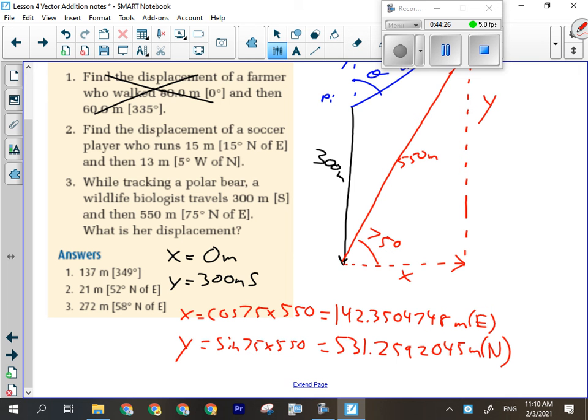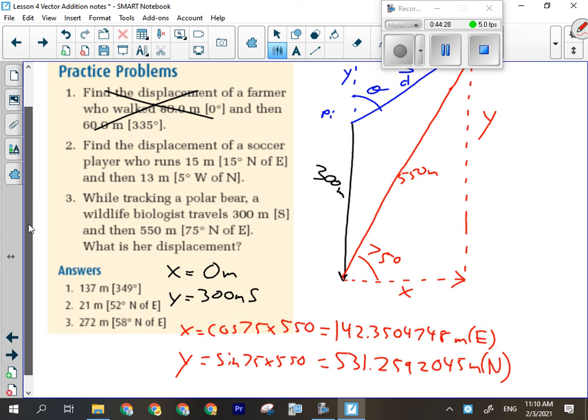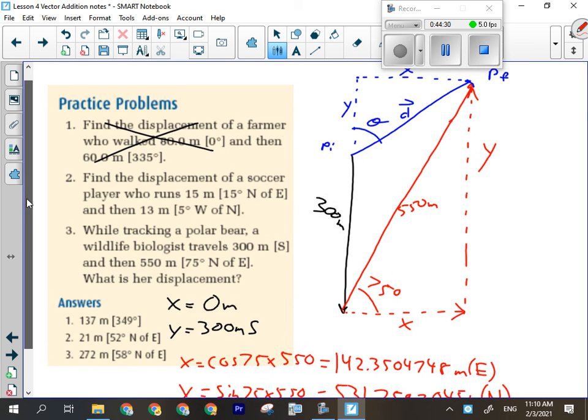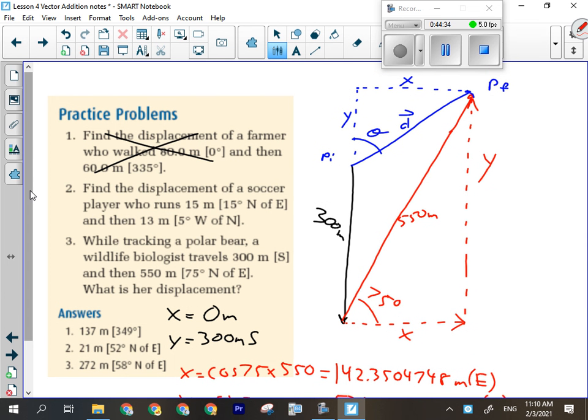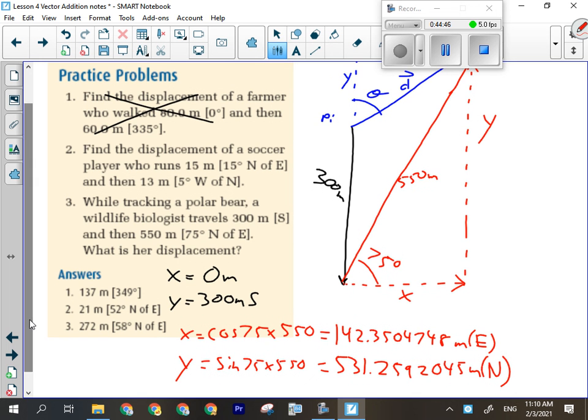Now that I've got those, I can find my resultant's x and y components. The x component's really easy. The only time I go east is here on red x. So red x and blue x should be the same, they're equal. So that's easy enough. So our blue x then is just going to be the 142.